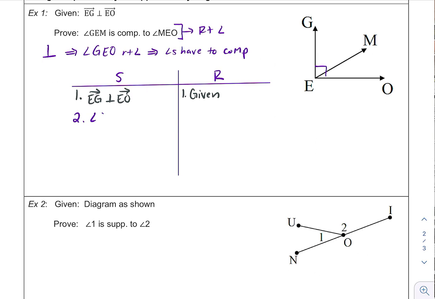So that means that angle GEO is right. And here, we want to state our definition of perpendicular. Perpendicular lines imply that we have a right angle. And this is an abbreviation we can use for this.